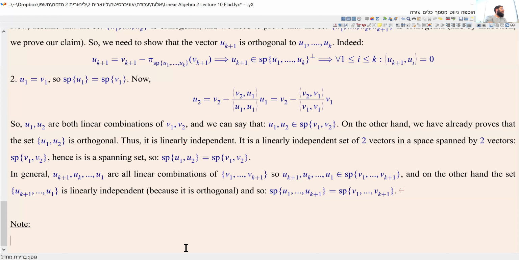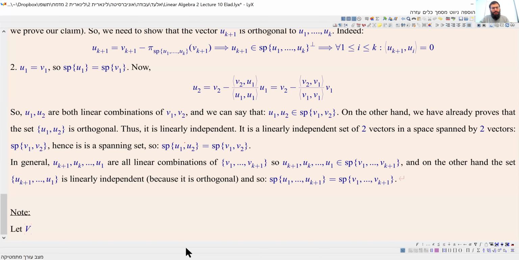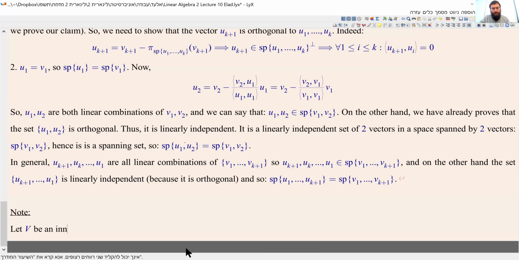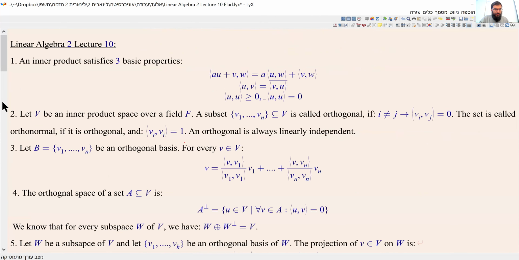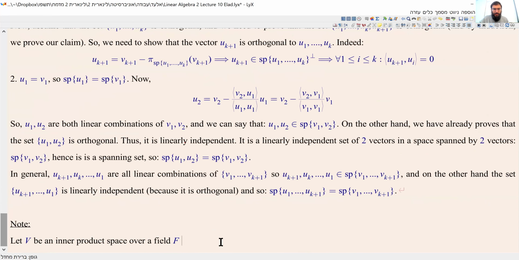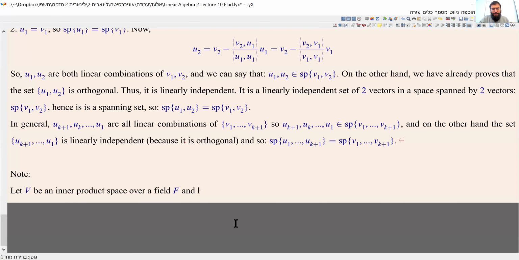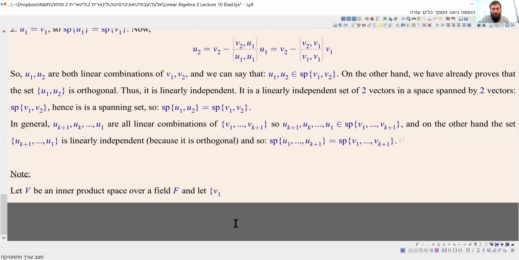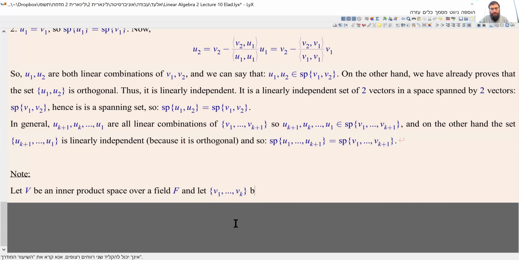Note, given V an inner product space over a field F, as I already mentioned, and let V1 to Vk be an orthogonal set.